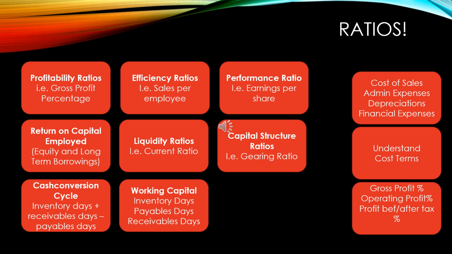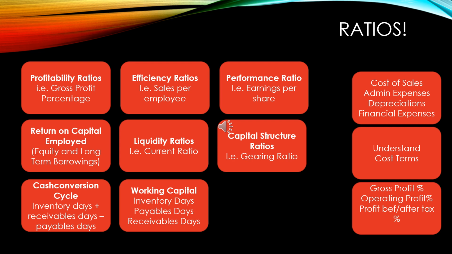You can find efficiency ratios, such as sales per employee, sales per sales point. You can find performance ratios, such as earnings per share. You can find capital structure ratios. An example of that is gearing ratio.